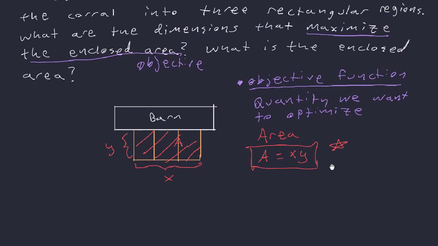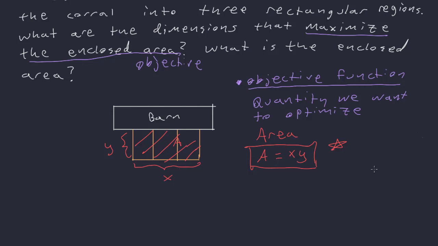Now, the next thing we need to find is what's called the constraint. The constraint is what allows us to do this. If we could just make any rectangle we wanted, we could just make it infinitely large, right? But we are constrained. What is our constraint here?